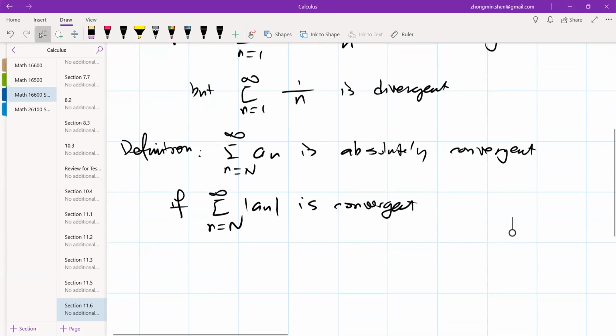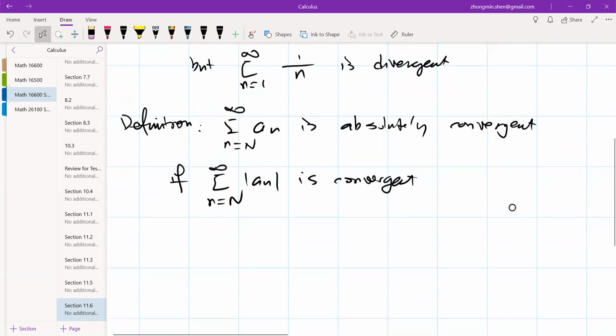Now there's another definition called conditionally convergent.